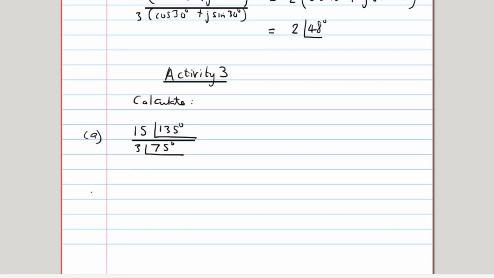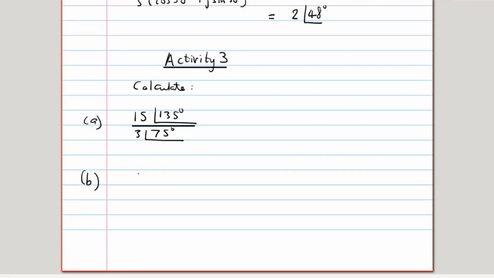And then the B part asks you to do 3 (cos 20 degrees plus j sine 20 degrees) times 5 (cos 10 degrees plus j sine 10 degrees).